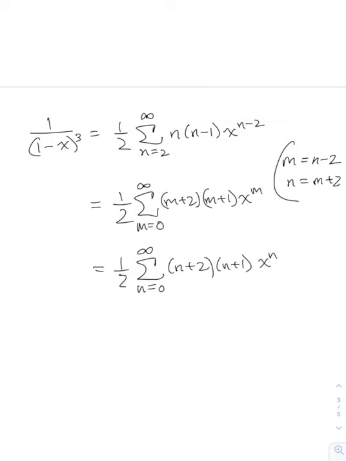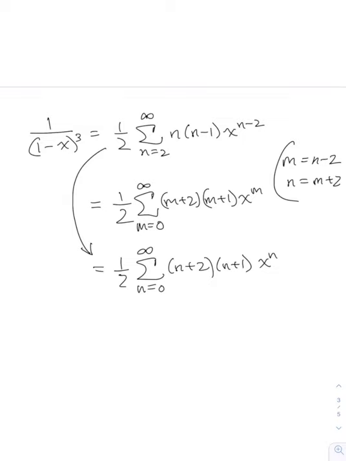And going from here to here, what I've done is I've shifted the index of summation. And I've shown you a very algorithmic step-by-step procedure for doing that. And you can do it that way. But in practice, what I do and what I will do in the future in these videos is to just go from the first line to the third line.